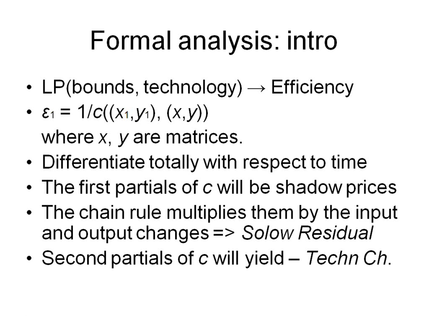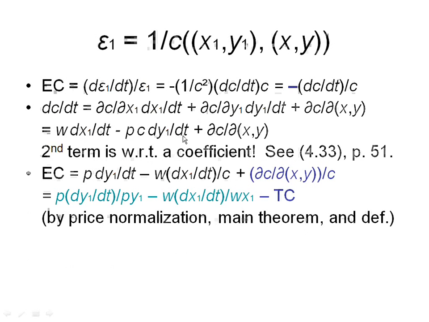It means that you're becoming less efficient. But that will be due to technical change. Nothing happens to the firm. That is because the change in the environment measures the production possibilities. So that will yield the technical change.